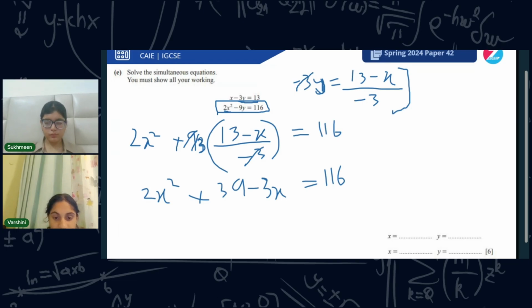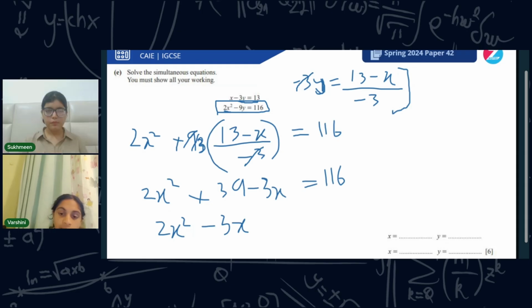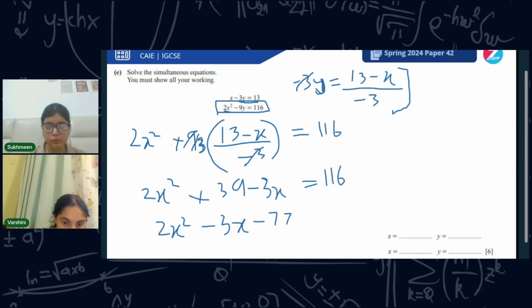So now we have x squared and we have x. So let's put this into the form of a quadratic equation. So we're going to get 2x squared minus 3x. Now let's take 116 to the other side by subtracting 116 from both sides. So it's going to be 39 minus 116, and you should get minus 77, equals 0.